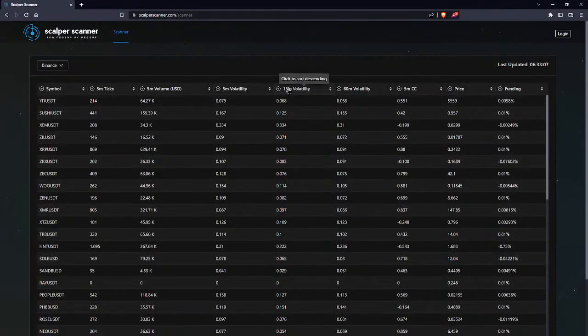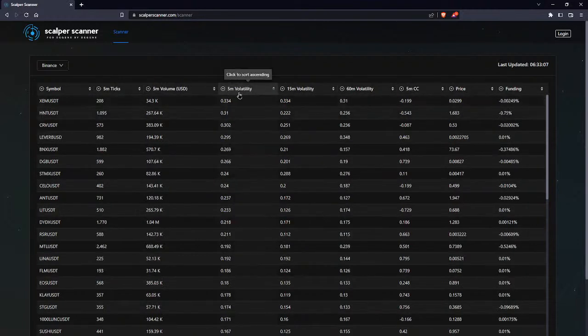Basically what you do is you look for volatility, right? You have certain symbols and you can sort them by volatility. If I click this, it's going to show me in the last 5 minutes what's the most volatile coin and its price and the funding rate, which you can take advantage of if you know what you're doing.